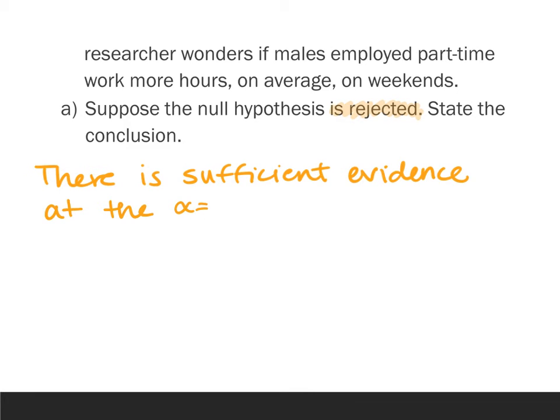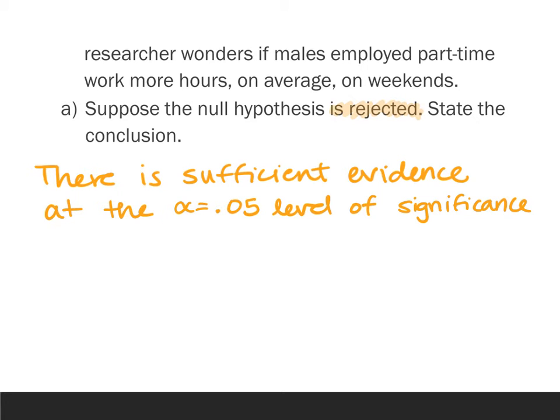And so far, even though we haven't called it alpha, we've been saying that we need something at 5% or less. If we have that probability, then it would be unusual, and that's what we're going to be looking for. So I'm going to go ahead and just say at the 5% level of significance, because I like to put that in there.